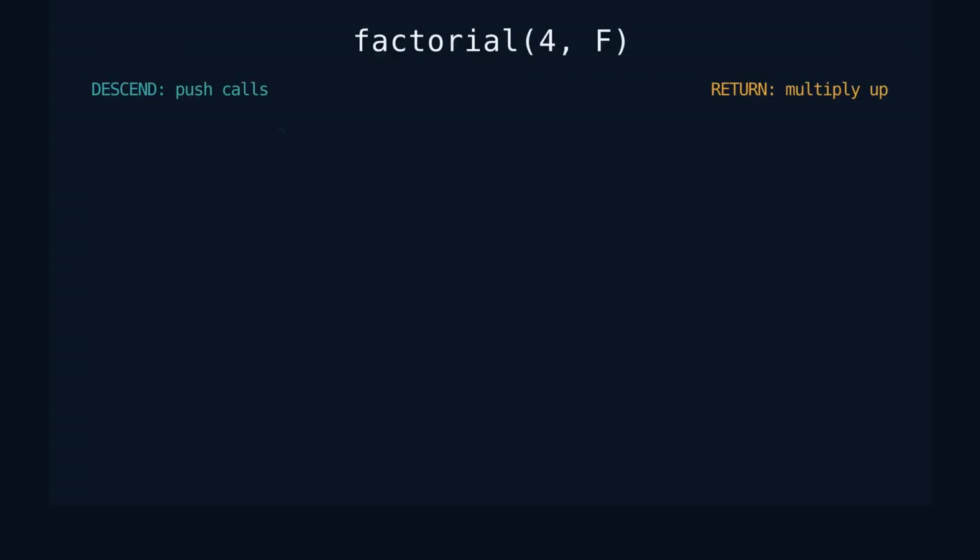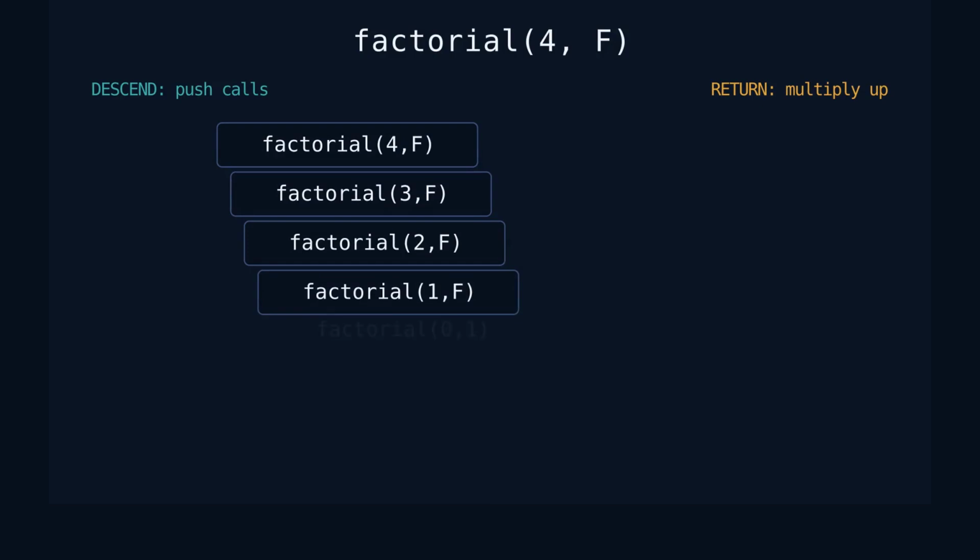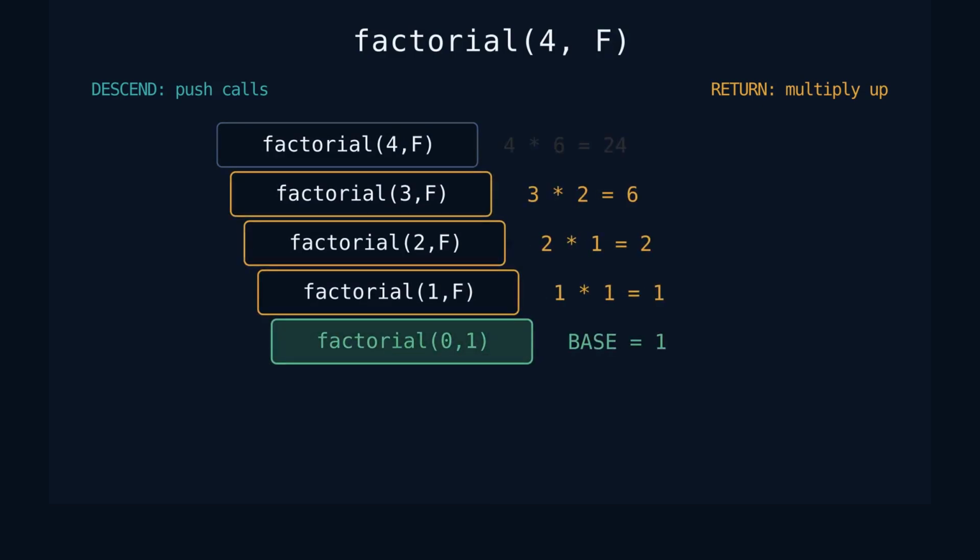Let us run factorial of 4 and watch the call stack. To get factorial of 4, Prolog needs factorial of 3, for that, factorial of 2, then factorial of 1, then factorial of 0. Each call waits, stacked, for the one below it to finish. At 0 the base case fires and returns 1.